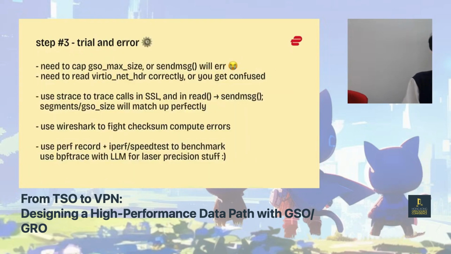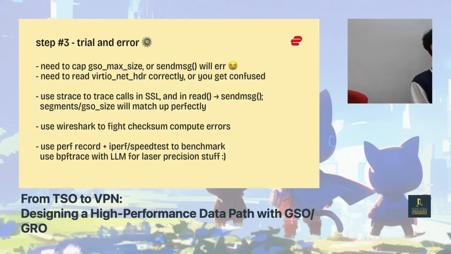The concepts are simple, but the execution is very brutal. I would say that I spent a lot of time on this. The first thing that immediately went wrong when I implemented and tried this is that the sendmsg system call would reject all my calls and say the message is too long. And I had no idea what that meant.